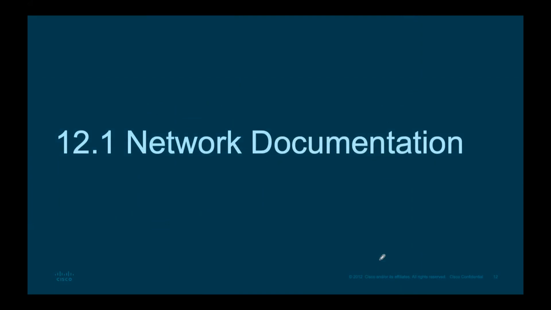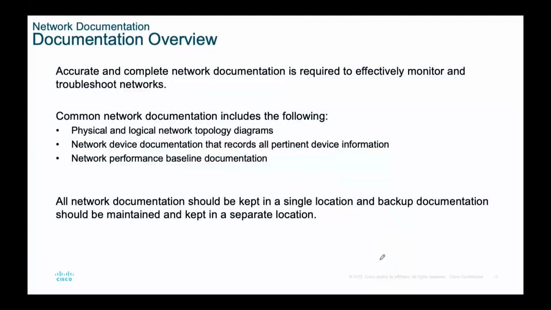Okay. Network documentation. So what basically is meant by this? What is this network documentation? Now look at the documentation overview. First of all, accurate and complete network documentation is required to effectively monitor and troubleshoot networks.